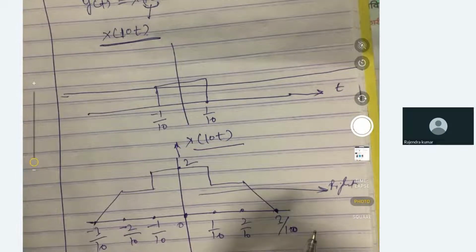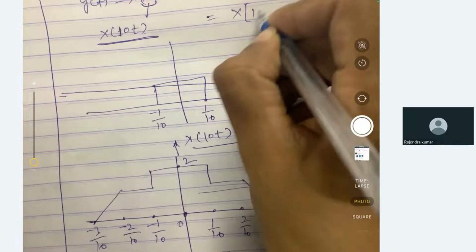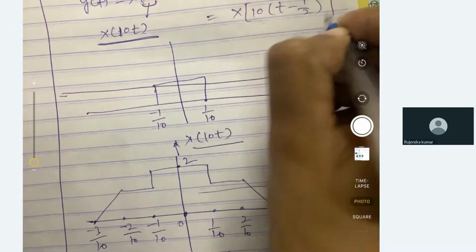Otherwise, if it is given directly as 10t minus 5, then you have to first apply the shifting property, a right shift, and then scaling and then reversal.